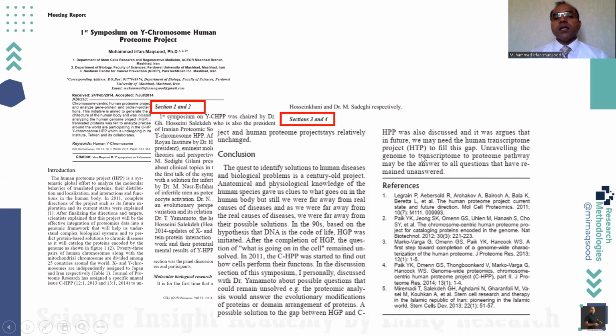He said yes, because first we completed the human genome project, then the human proteome project, and maybe in future we might have the human transcriptome project that will complete these links of human biology, of life. I published this work as an event report in the Cell Journal.